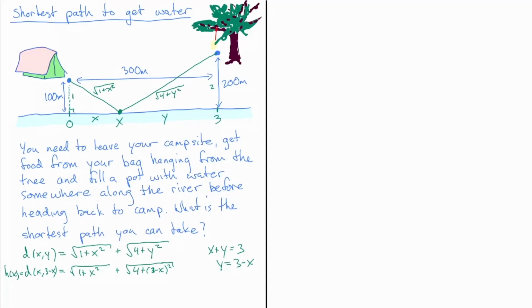So what we're interested in is finding the minimum of this function. And because we're on that finite domain, remember when I suggested that we test points out here, we found that as we bring the point that we go fill up the pot with water closer to the one directly down towards the river, the total path decreased.